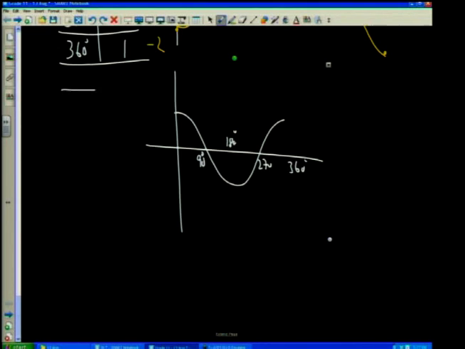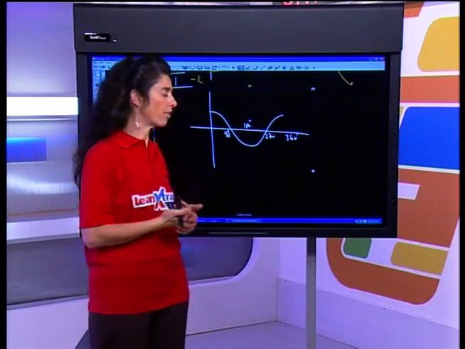And I take my x and my cos x values, so I would get my quadrant angles, 0, 90, 180, 270, 360. The reason I take my quadrant angles is because depending on the domain, I will then carry on repeating the same thing. As long as I know what one section of that period's doing, then my repetitions will carry on. So I don't have to work out every single angle thereafter.